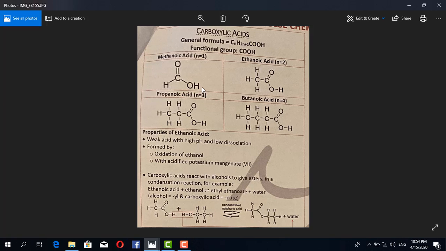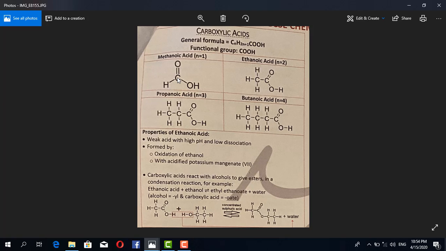The last thing here is carboxylic acids. The general formula is CnH2n+1, similar to the alcohols up to here, but the carboxyl group is COOH. So here, methane is CH4, right?